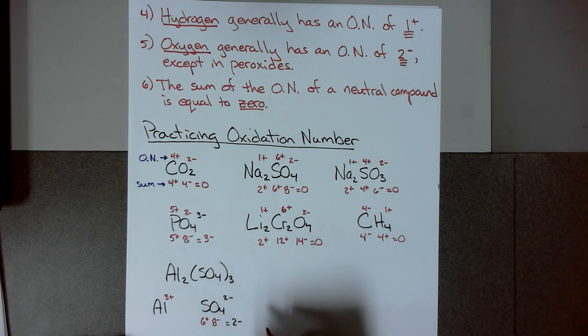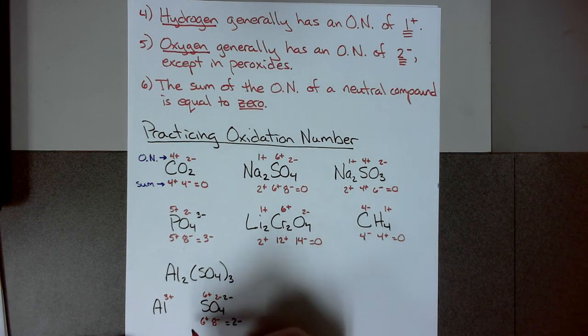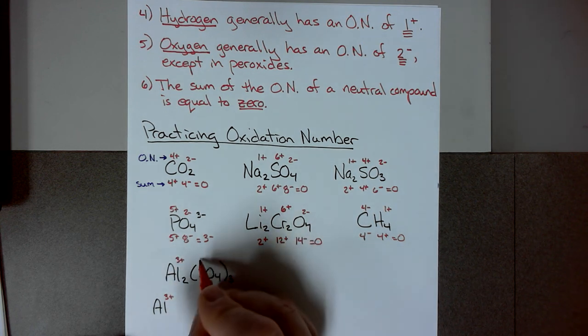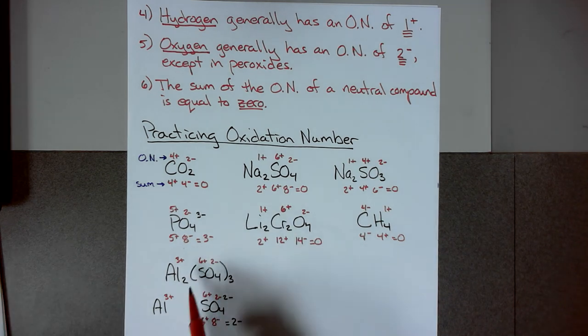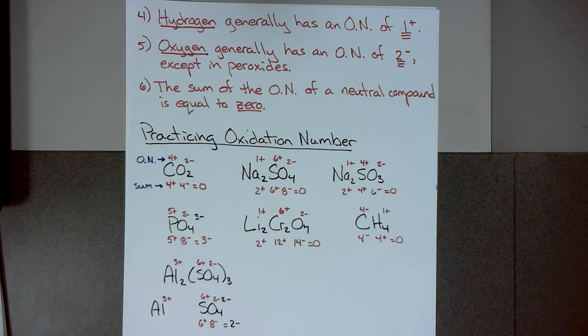So I have a 6+ and a 2-. So when I assign the oxidation numbers to this, it's just a 3+, a 6+, and a 2-. But I had to do them separately, okay? So that's good practice for oxidation numbers.